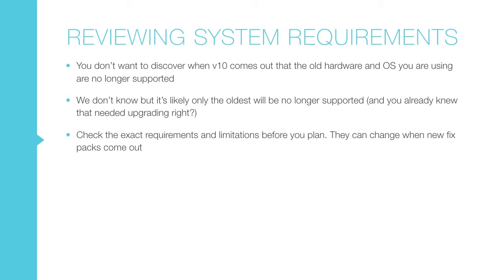IBM release system requirements for every new fix pack and every new version, and they do change. So what I'm saying here is correct as of today, which is the 31st of May 2018. If you're looking at this on any day other than today, go look at the original URL links I'm giving you to see if the information has changed.